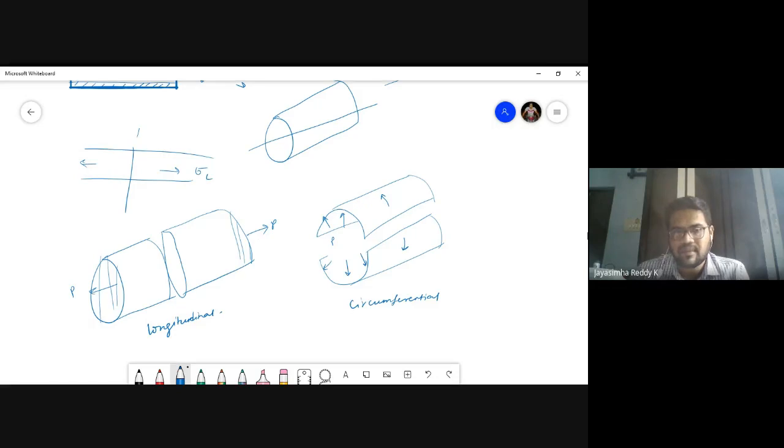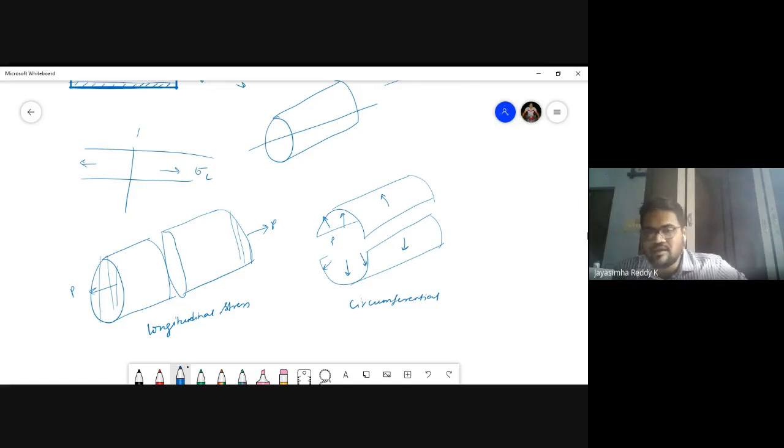So if it withstands not to fail, the stress is longitudinal stress, and if it withstands not to fail in circumferential failure, the stress is called hoop stress or circumferential stress.